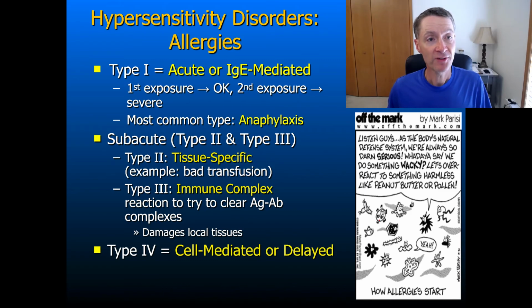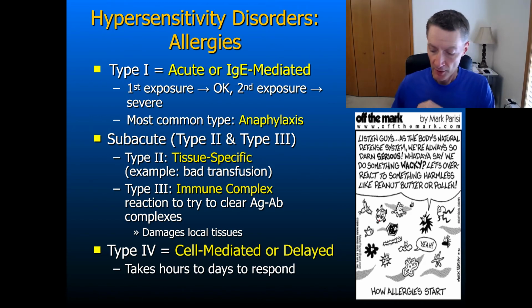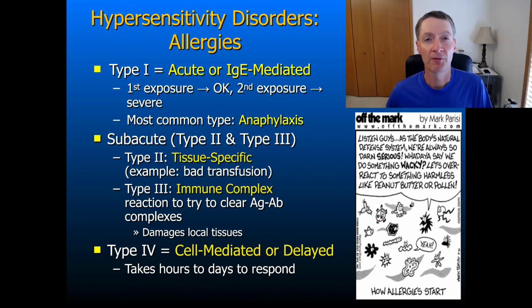Okay, the last type of hypersensitivity disorder would be type 4, and this is also known as cell-mediated or delayed hypersensitivities. And these can take hours to days to crop up, and oftentimes you're going to have a special kind of T cell involved with this kind of thing. They're called delayed hypersensitivity T cells.